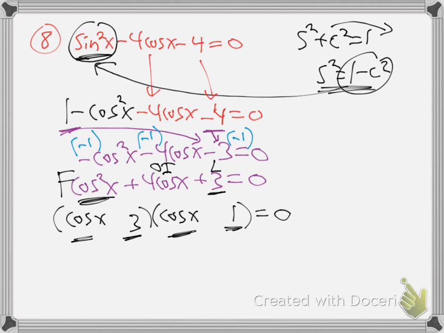Now, how do you know if the middle's right? OI. The middle comes from the 2 inner and the 2 outer: 3 cosine and 1 cosine makes the middle 4 cosine.